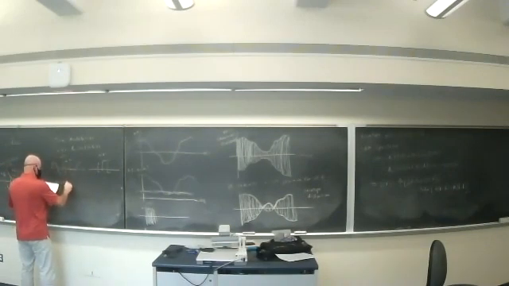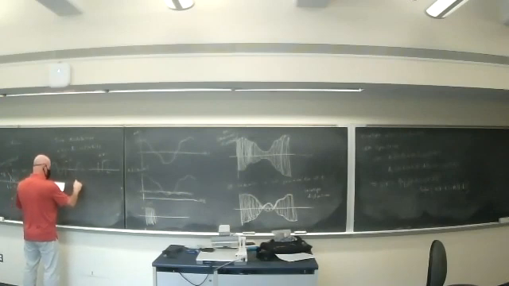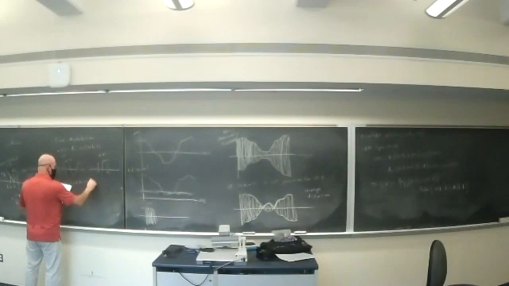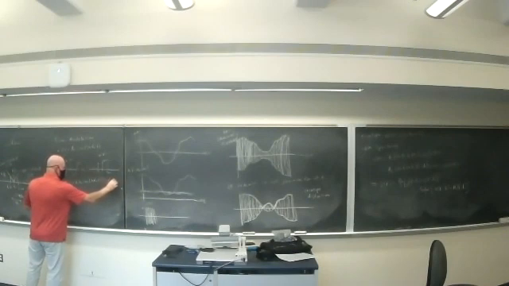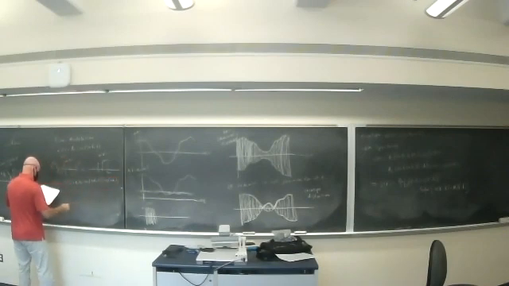s of t is Ac times 1 plus ka times Am cosine of 2 pi fm t, all times cosine of 2 pi fc t.